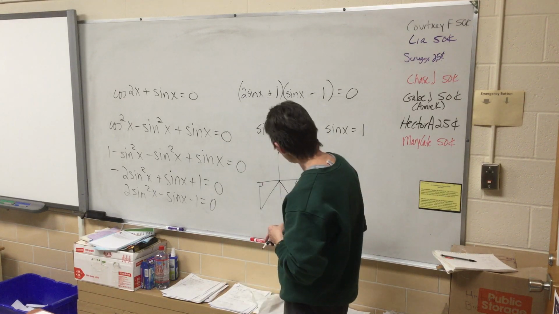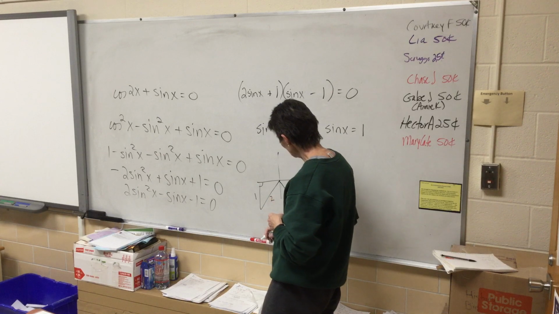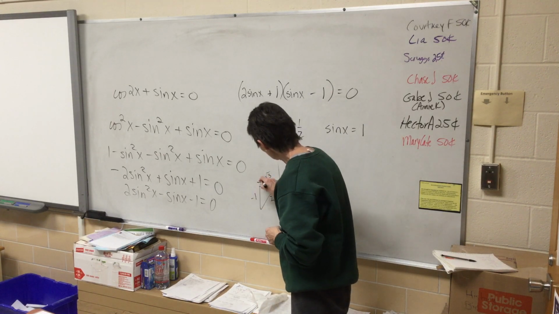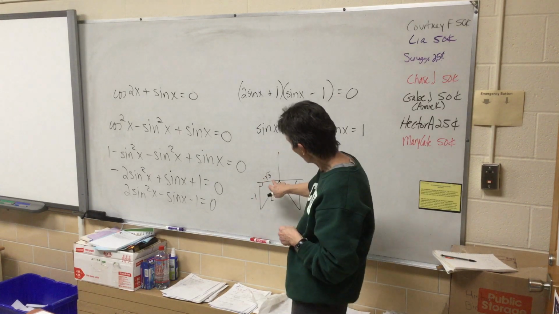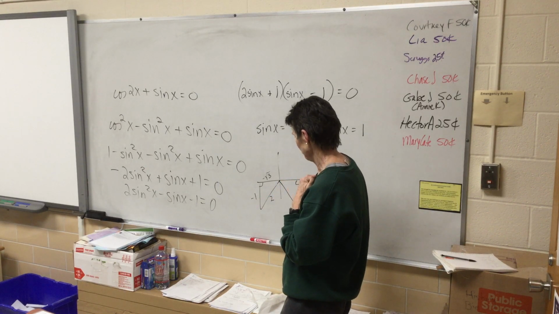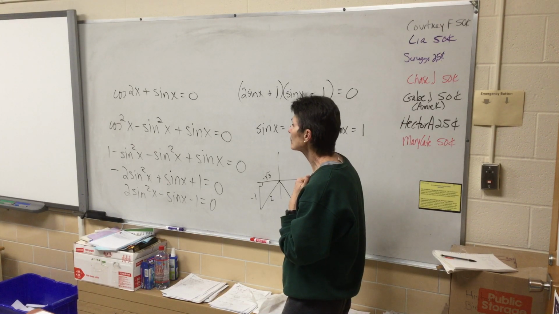So down here I got a sine that's negative 1 over 2. What does that mean about that angle right there? How big is that angle if its sine is 1/2? 30. Yep.